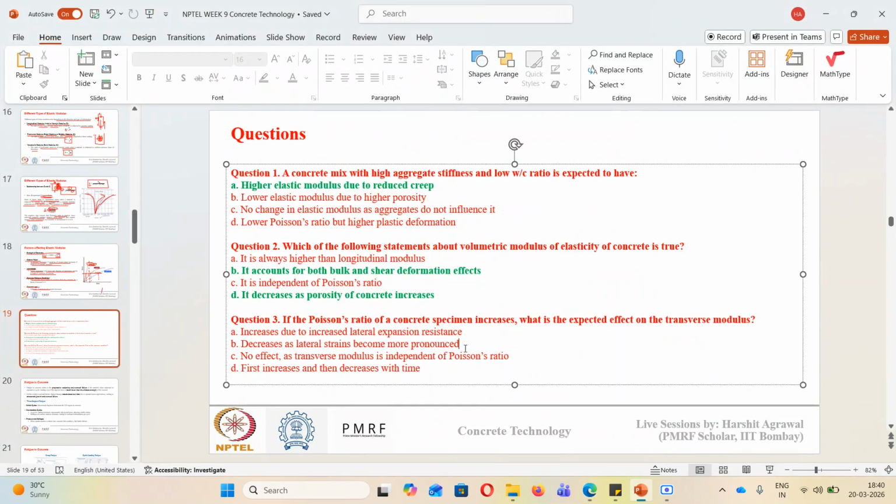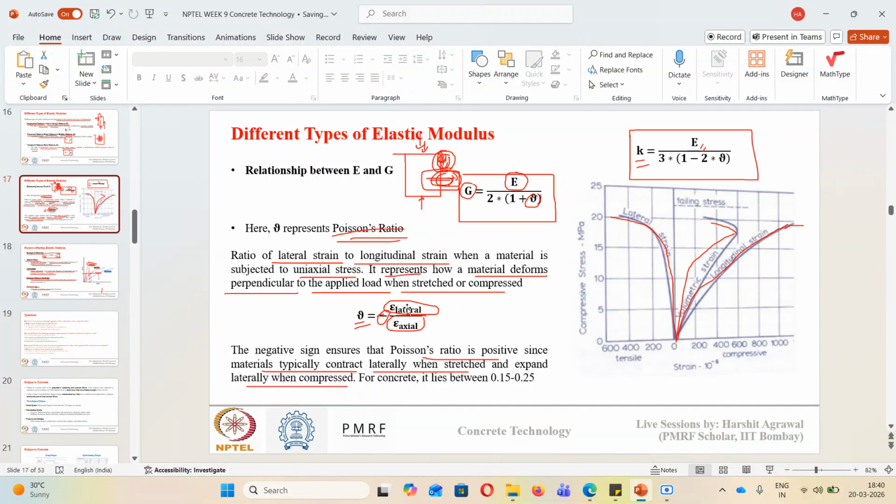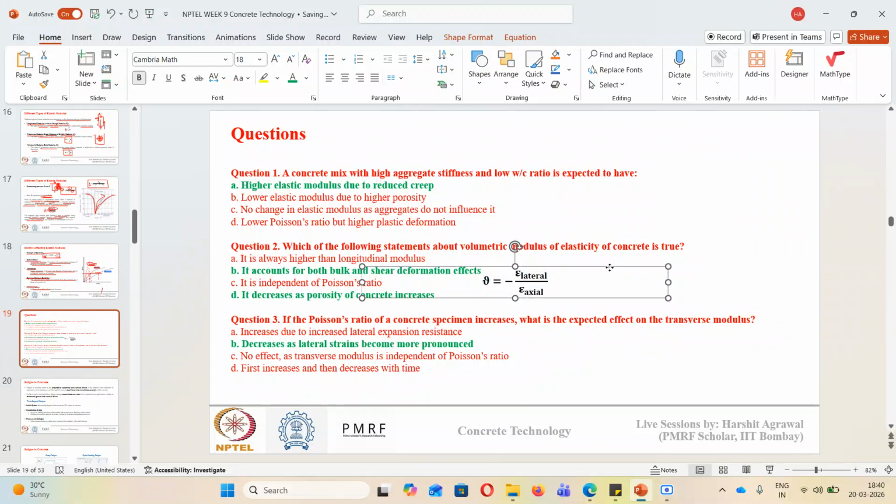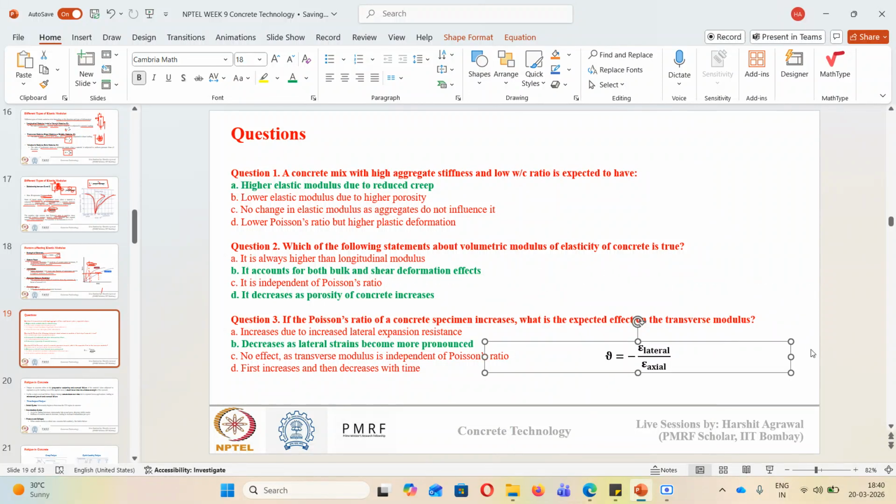Okay, so the correct answer is B. It decreases as lateral strain becomes more pronounced. If you see this relationship, I will just copy this formula. We know Poisson's ratio is the ratio of lateral strain to axial strain. So if my Poisson's ratio increases, it means that lateral strain in concrete is increasing, meaning concrete is undergoing more lateral expansion. And we know transverse modulus is due to the lateral strain.